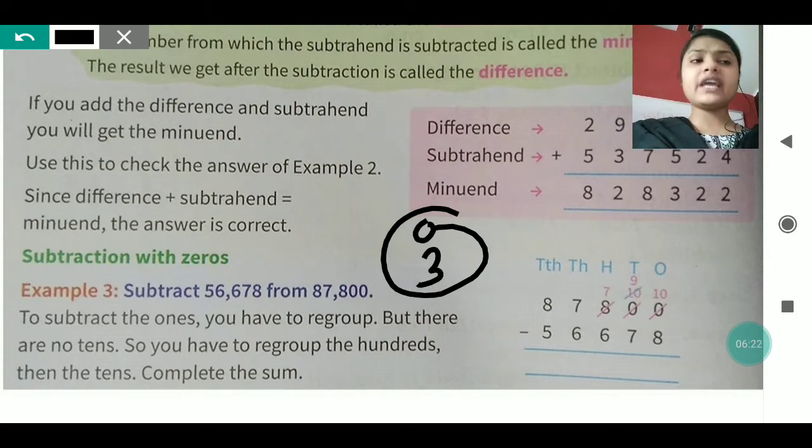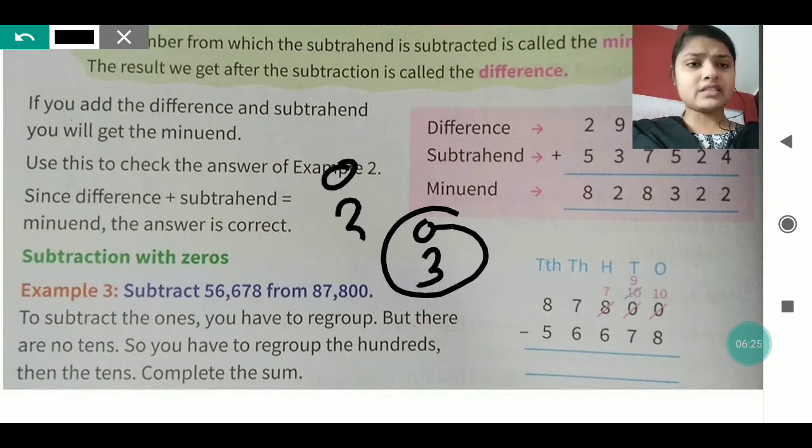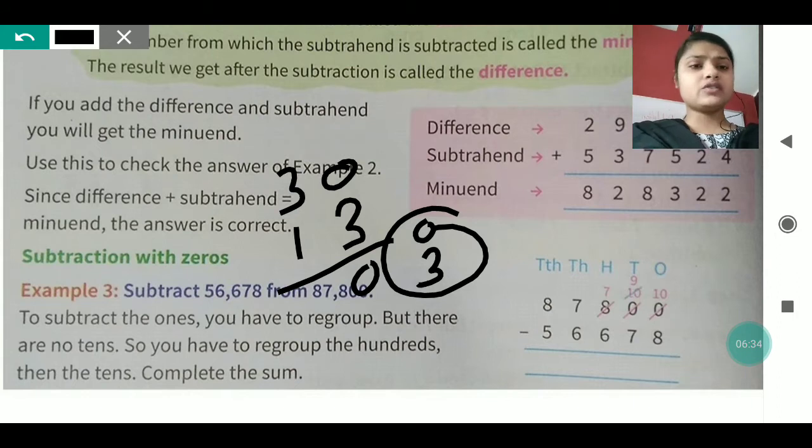If only one digit is given, it is easier. But suppose it is given 0 minus 3 here, and here it is given 3 minus 1, like this. In that case you cannot write 0 here. No, my dear, if there are two digits given, you have to take a carry from this one, it will become 10, this will become 2, and then you can subtract.